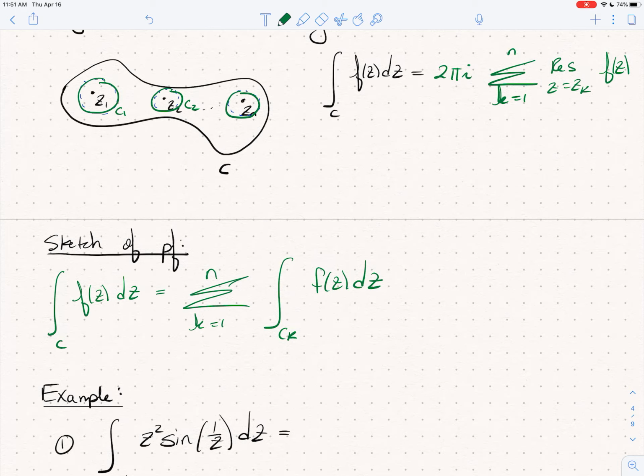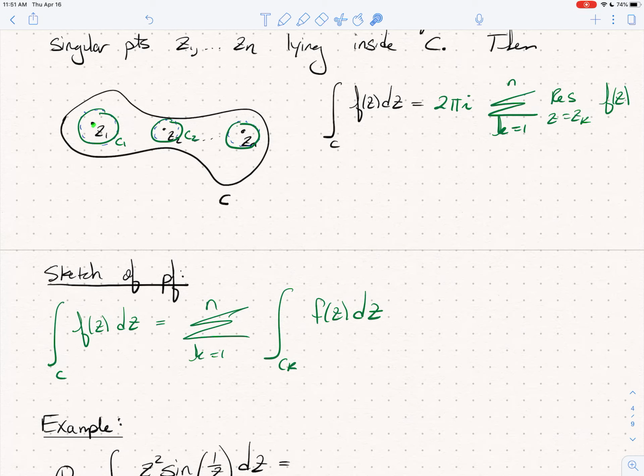And then we just saw before that if f of z is analytic except at these isolated singularities, then f is analytic on this deleted neighborhood around z sub k.